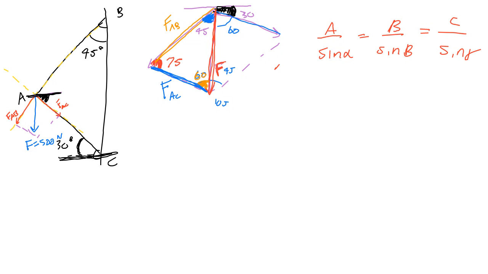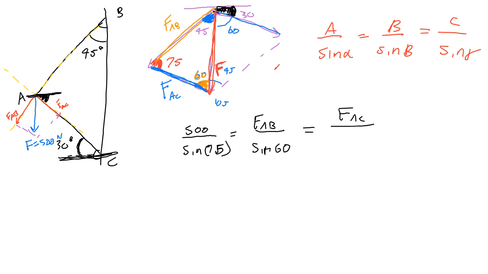Now using our law of sines, F is 500, so 500 over sine of 75, right, is equal to FAB, which is the orange one, over sine, let's call it beta, or 60, which equals FAC, speeding up here a little bit, over sine of the red one, with 45.